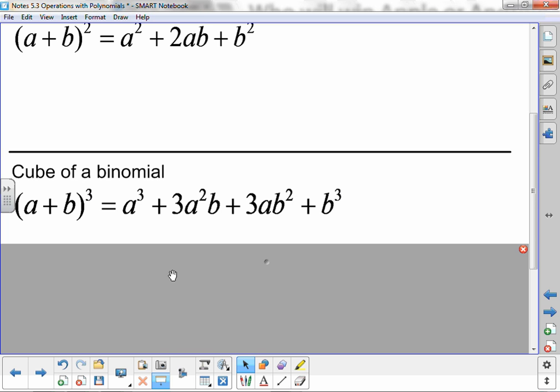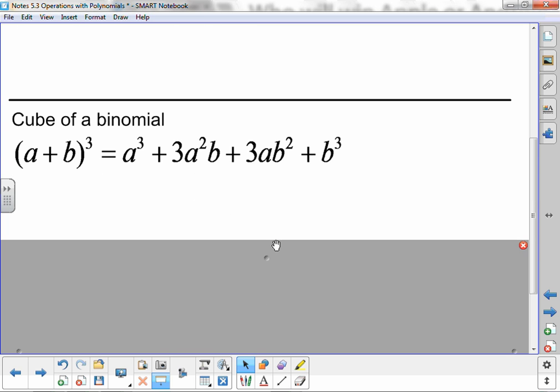What I tell my students sometimes is think of it this way. If you wanted a fast way to memorize this, notice you have a cubed. Your next one is a squared. Your next one is an a, and then you don't end up with any a's on the last one. Then you start from the other end and you end up with a b cubed.